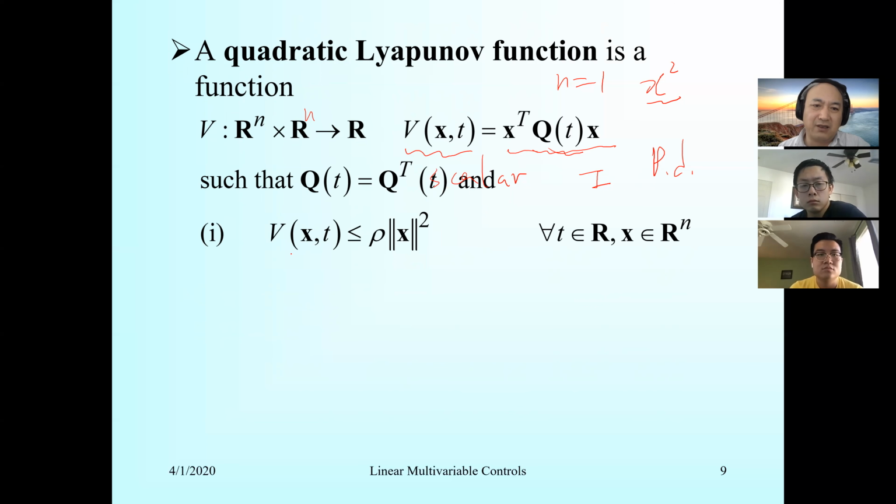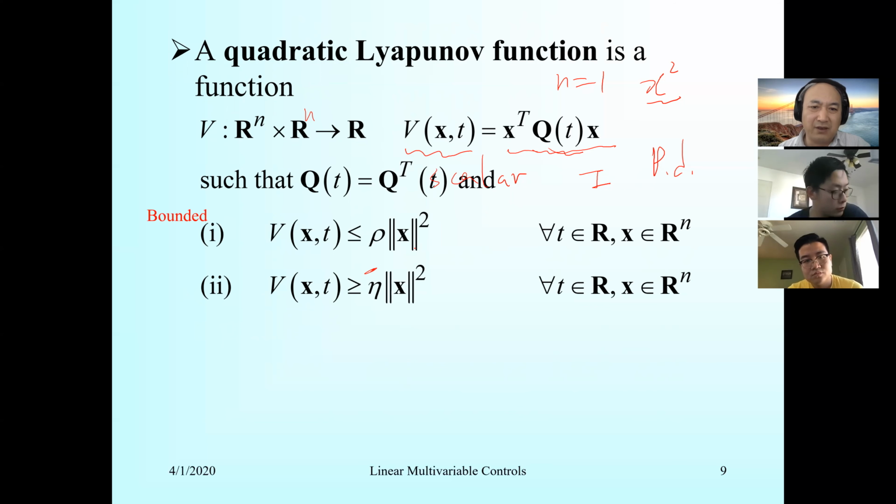So we allow this, it's bounded by a constant times the norm of x. So this is called upper bounded, and it's also lower bounded by a quadratic as well. So it can only decrease if the state decreases not too fast.